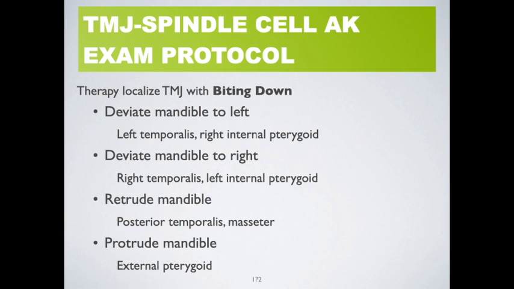If you deviate the mandible to the right, that's going to be right temporalis, left internal pterygoid. If you retrude the mandible, which you also test for, that's going to be both. It's going to be the masseter, especially the deep division, and the posterior temporalis bilaterally. Protruding, jutting the jaw forward, is going to be largely the external pterygoid firing bilaterally.